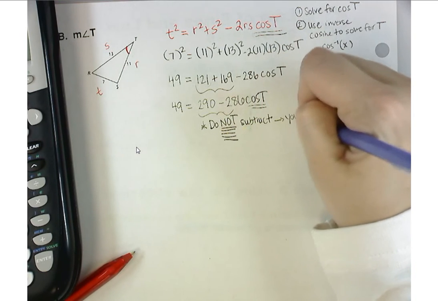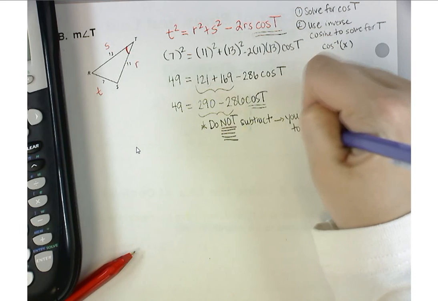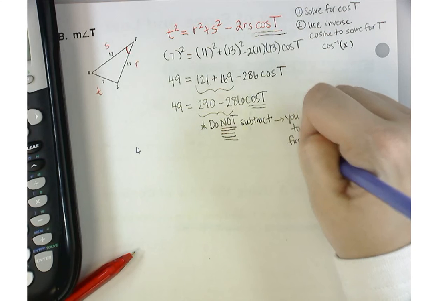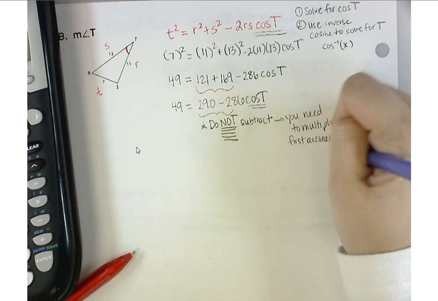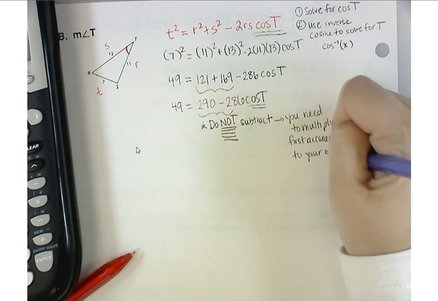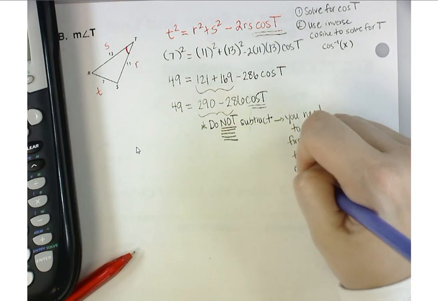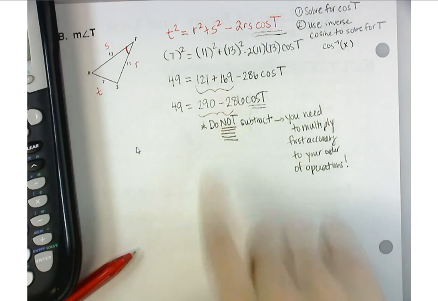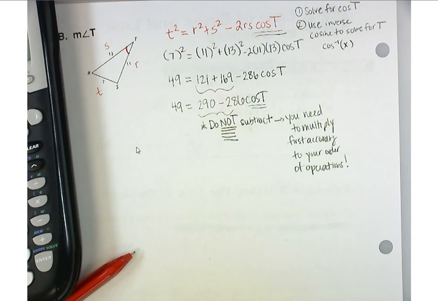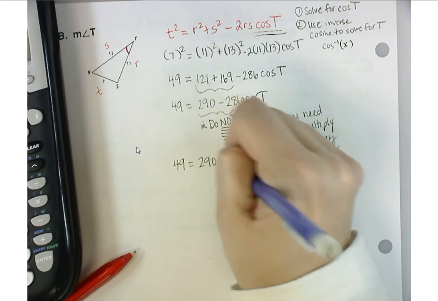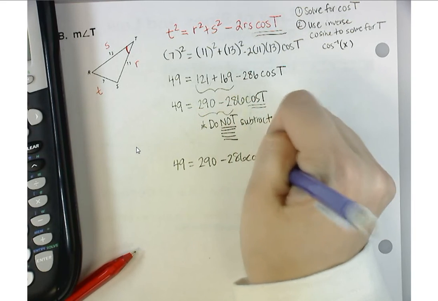You need to multiply first according to your order of operations. That's probably one of the mistakes I see the most there. What you do want to do is keep this and move over to get cosine of t by itself.